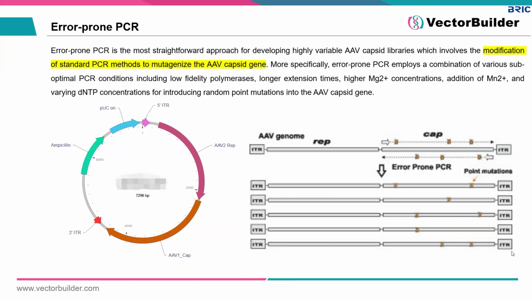As we know, NGS allows us to sequence 150 to 250 bases in length of the target gene region. If the mutations happen across the full length of the capsid gene, which is about 2 kb, NGS has its limitation in knowing the full-length sequence of a specific mutant. So we have to balance the choice based on the goal of your research.